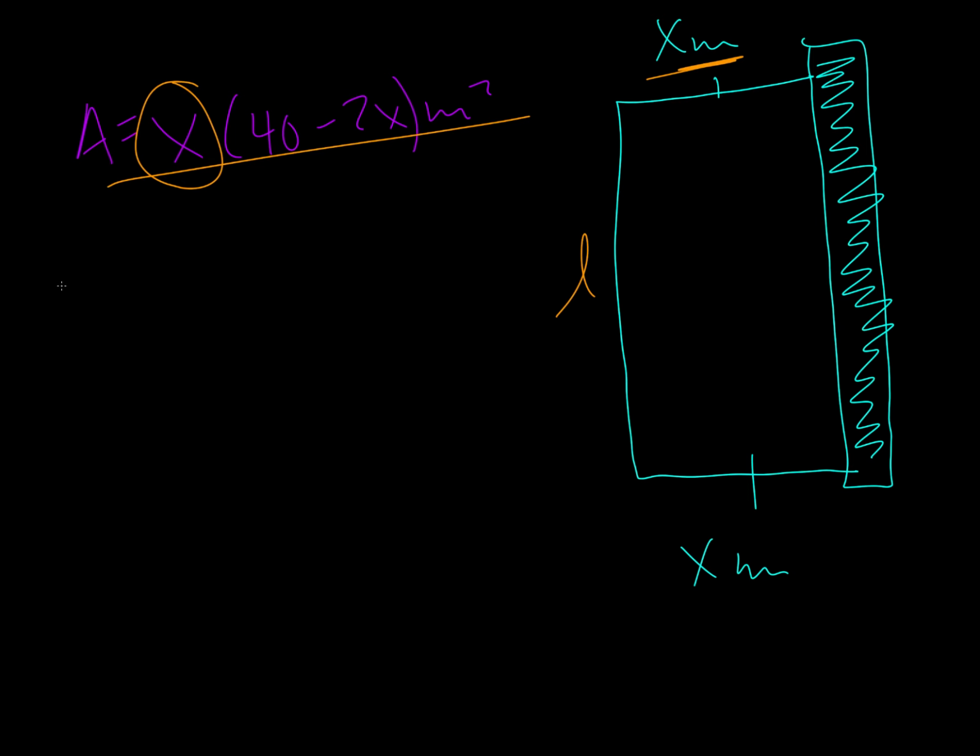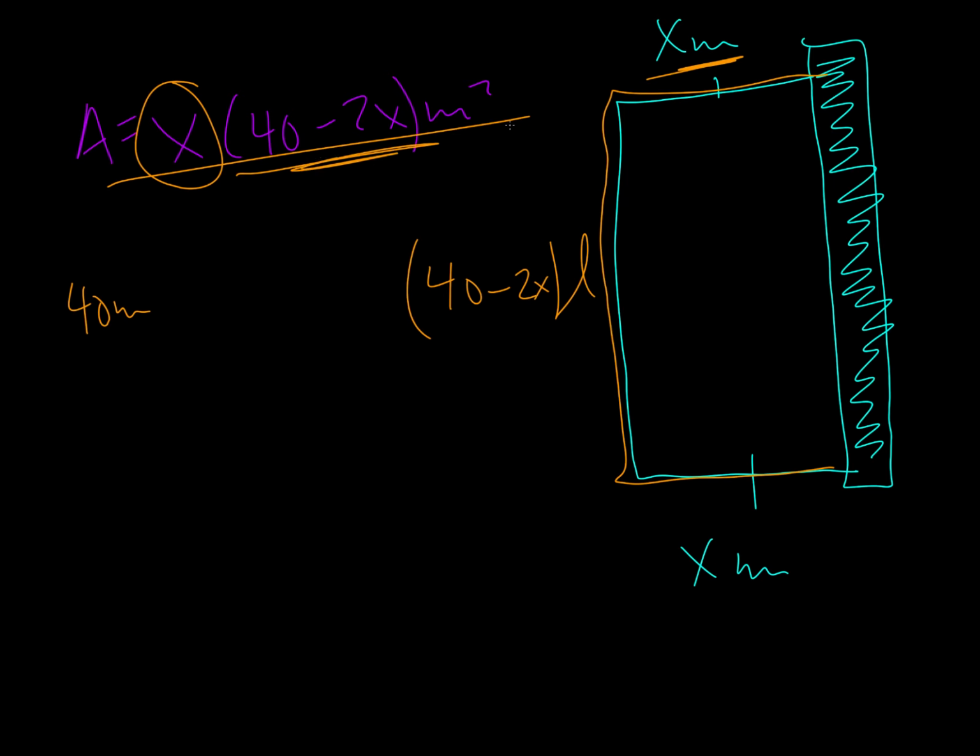Now we know we have 40 meters of fencing. So this plus this plus this needs to be 40 meters. And so if we called this 40 meters, that wouldn't work out because these would both be 0. But if we have 40 meters minus 2x, then hopefully that makes sense.